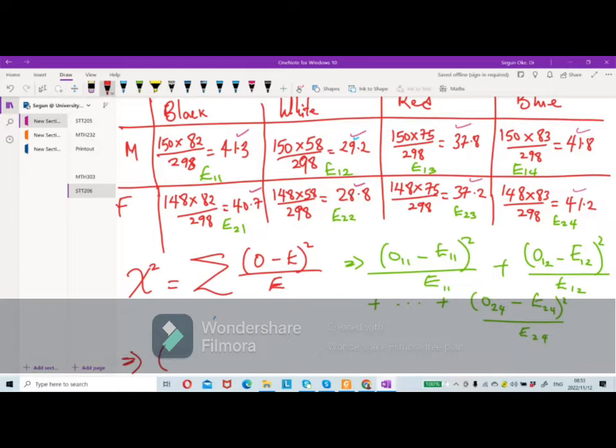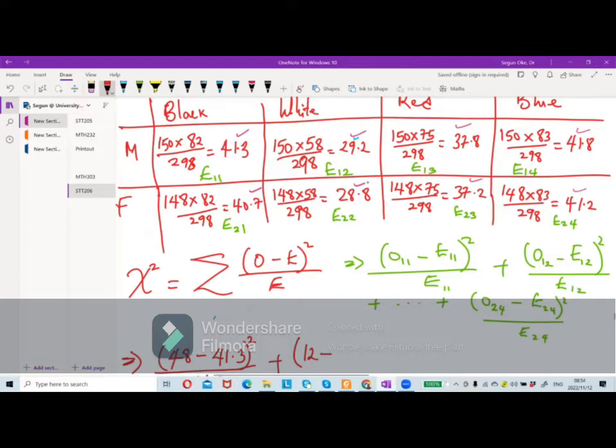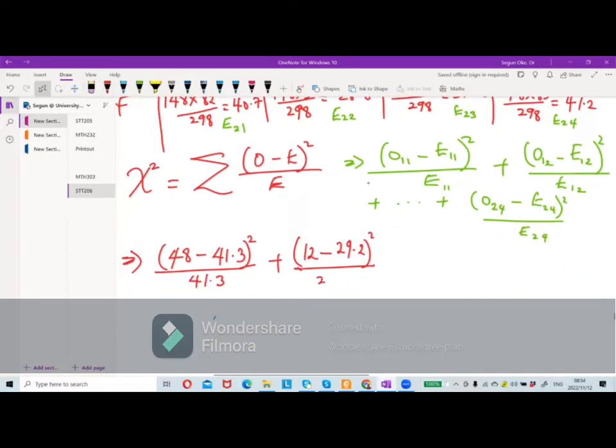O11. O11 is what, from your table? 48. 48 minus E11, 41.3, squared, divided by 41.3, plus O12. O12 is what? 58. 58 minus E12, 29.2, squared, divided by 29.2.